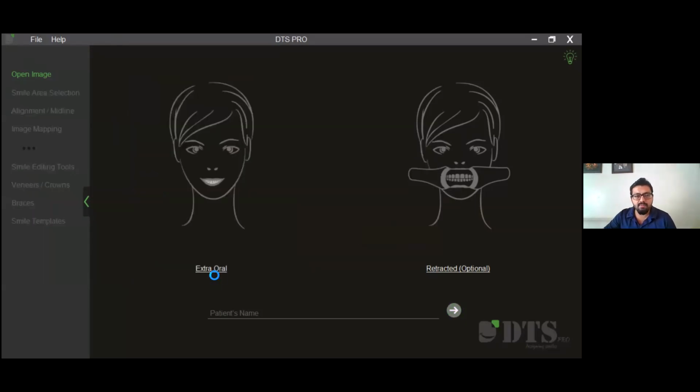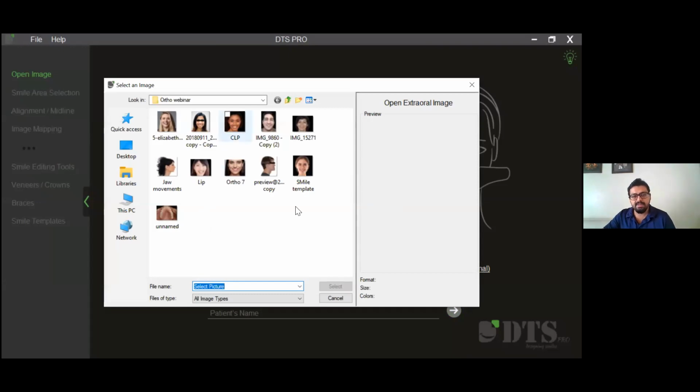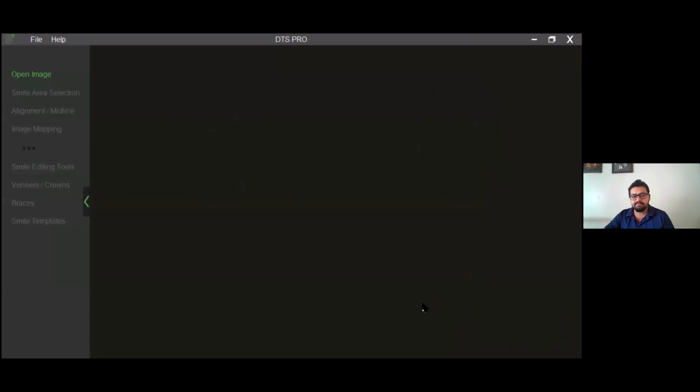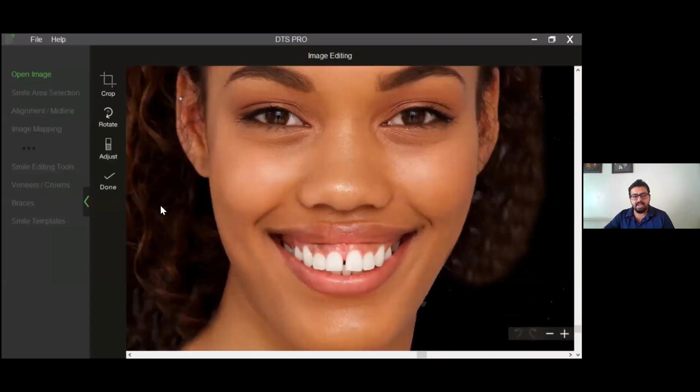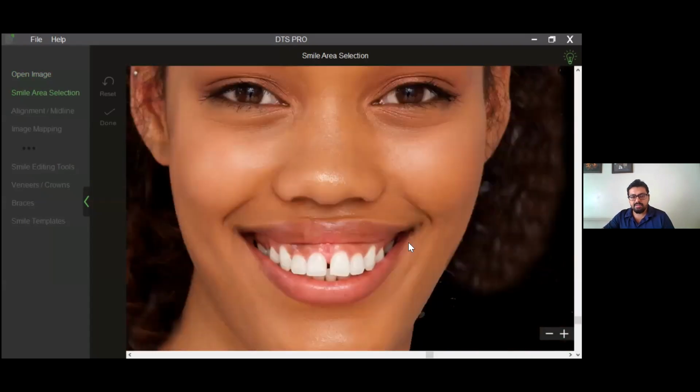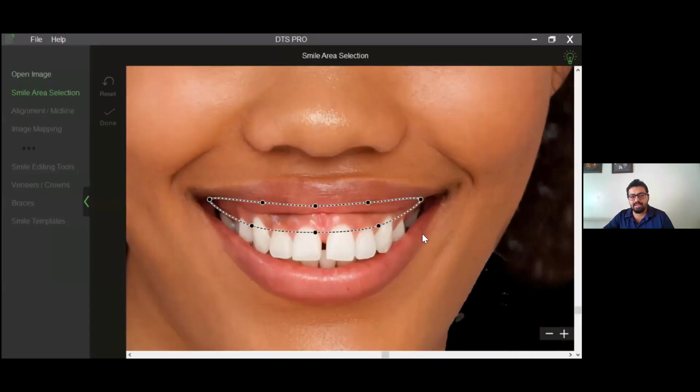Let me upload one more image of a similar patient with a diastema. I don't want to go and explain how I'm using the software. I am just selecting the smile area, selecting the lips.